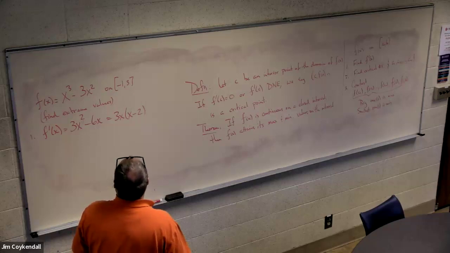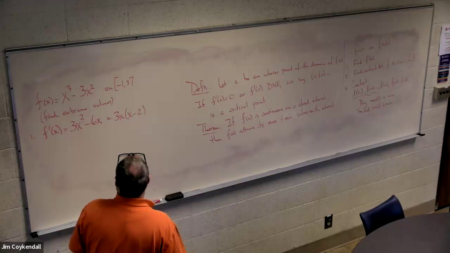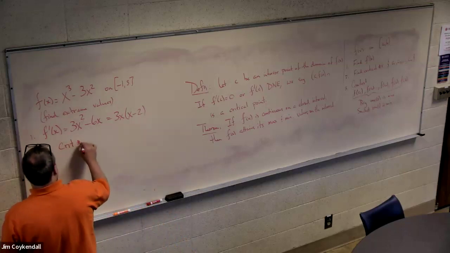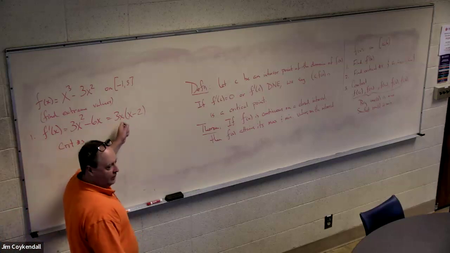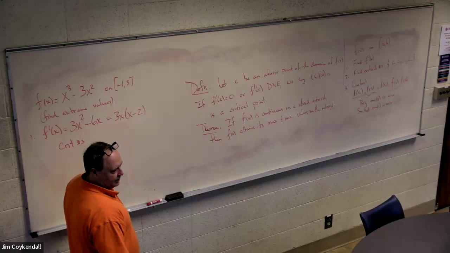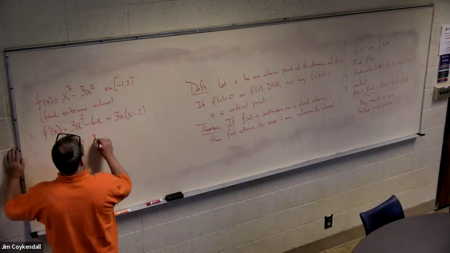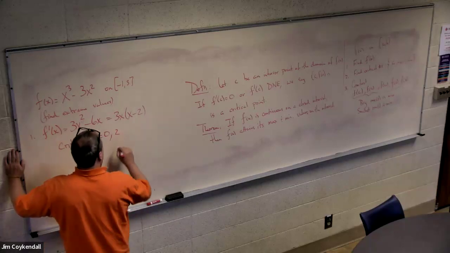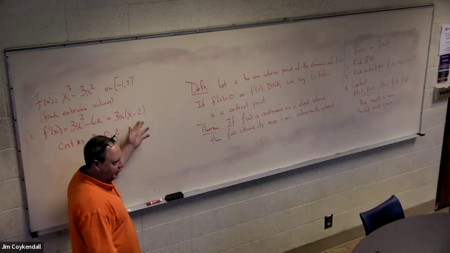What are the critical numbers? They are places where the derivative is 0 or doesn't exist. So what do I got? 0 and 2. And this exists everywhere, so there's no does not exist.